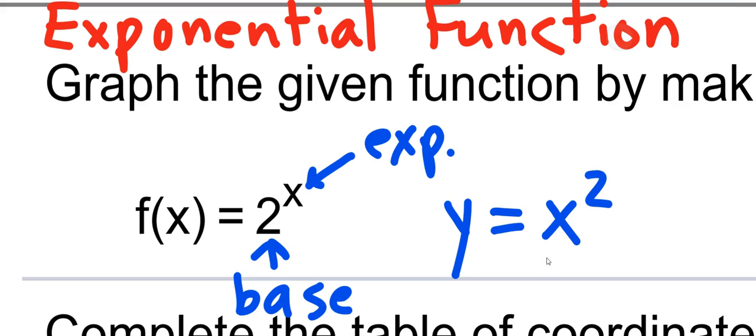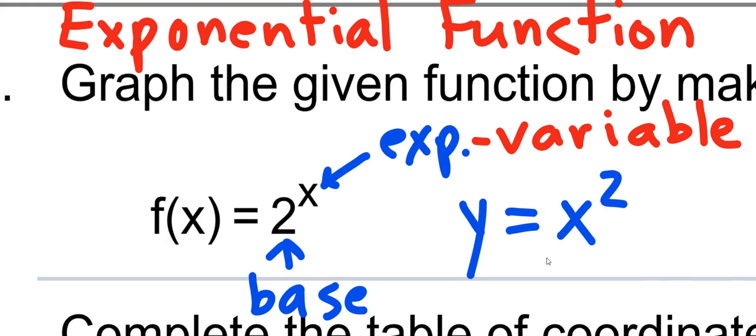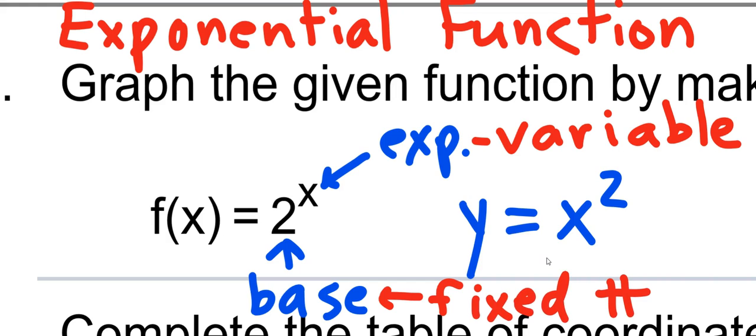The difference is that the exponent is a variable, and the base is a fixed number. A fixed number. Now that wasn't true of the parabola. We had x squared, the quadratic function, and it had a variable base and a fixed exponent.